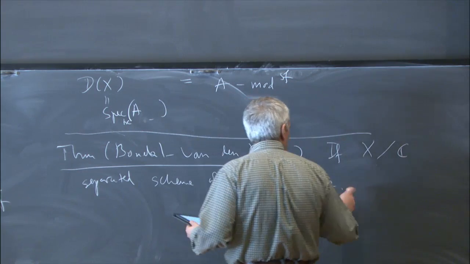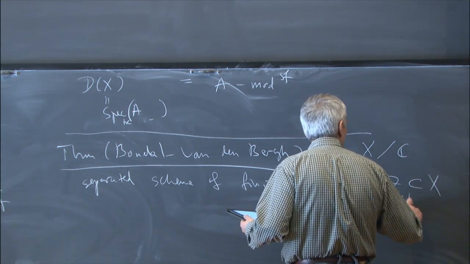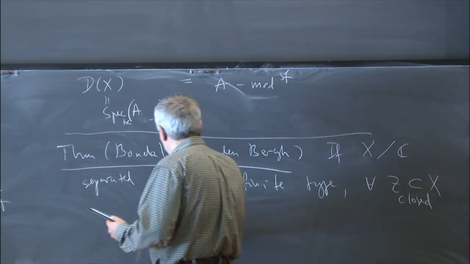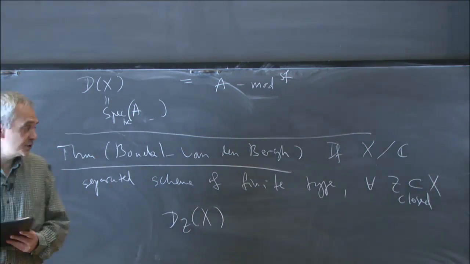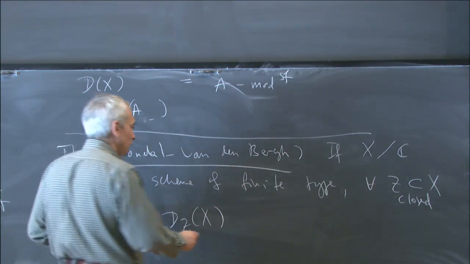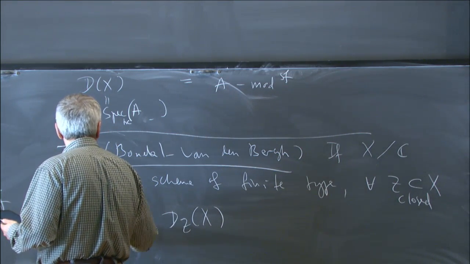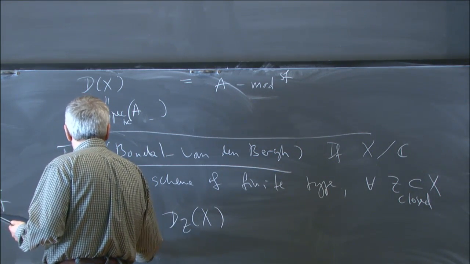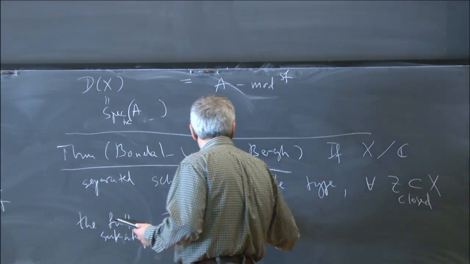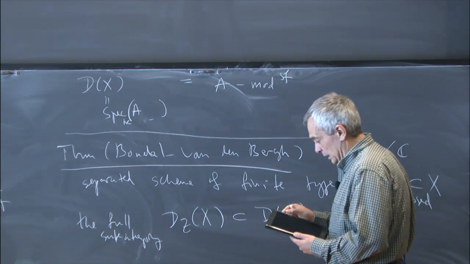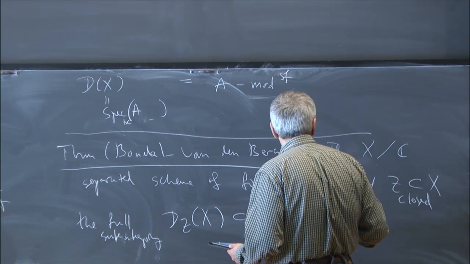So it says that for every closed subscheme, this DG enhancement of the category of sheaves on X with support on Z, the full subcategory of sheaves with support on Z, is a non-commutative space which is affine.